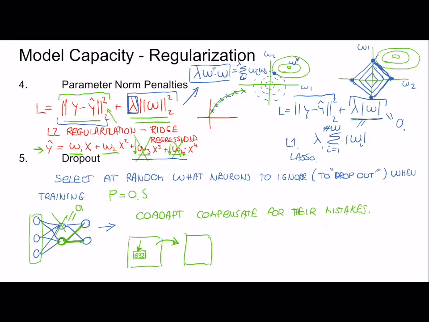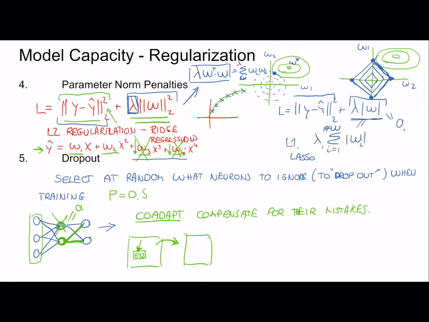So this is what we are trying to prevent. We are trying to prevent neurons from co-adapting. And the way we do so is by not letting the neurons rely on other neurons, right? So if this is my neuron that is very good at recognizing a particular number plate, and it recognizes the car only when it sees that number plate, and that neuron relies on this other neuron, which compensates for its mistakes.